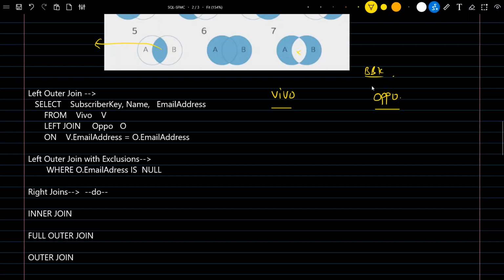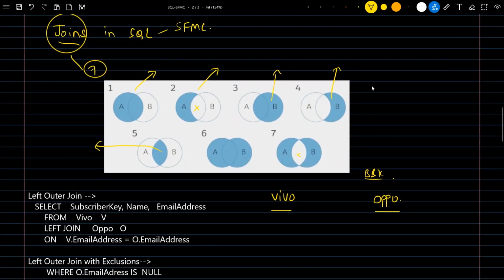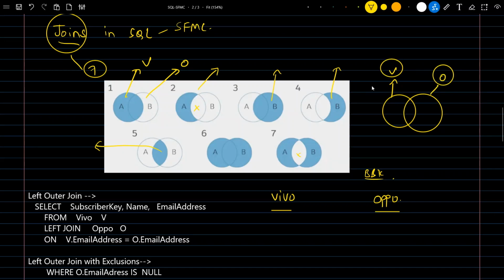Let's say I want the SQL query written for the left outer join. So here this is Vivo, this is Oppo. Let's draw it. What are Vivo and Oppo here? These are companies, but we are talking about data extensions. These data extensions of Vivo and Oppo may have different fields, like subscriber key, email address, the product they are interested in, and the name of the customer.